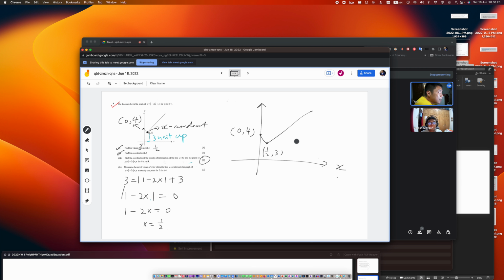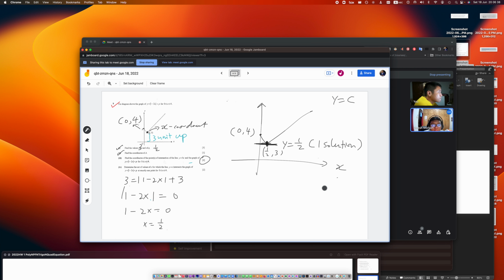Okay, good. So now they say this y equals c cuts this curve at exactly 1 point. Let's say y equals half is 1 point, right? So this will give you one solution.